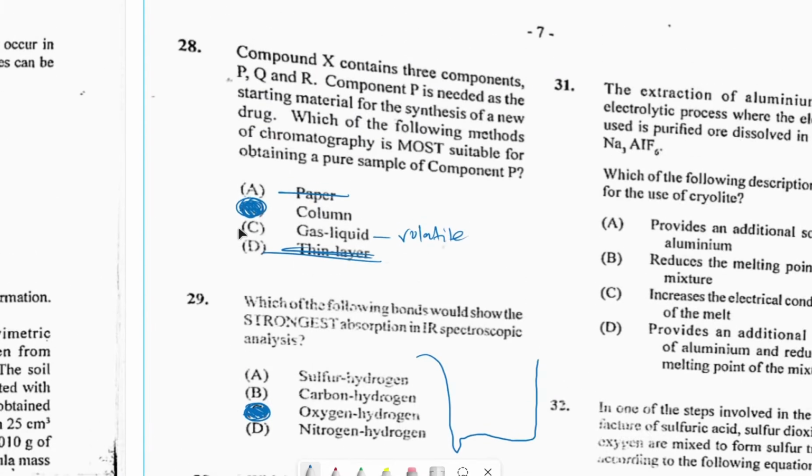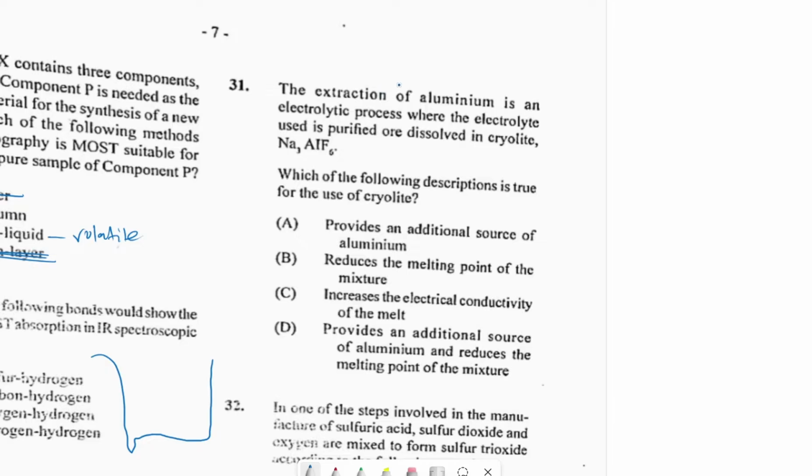Number 31. The extraction of aluminum is an electrolytic process where the electrolyte used is purified and dissolved in cryolite. Which of the following descriptions is true for the use of cryolite? Provides an additional source of aluminum. That's not true, they told us it's used to dissolve.